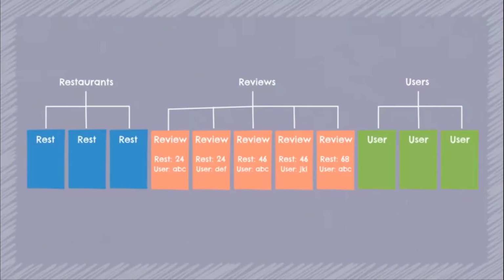When you iterate over this first review, let's say this is the restaurant that you want to get reviews for, you'd see this user key. You'd have to make a separate query for this object to find the user with that key and then get his or her data. Then you'd have to do the same thing for each user.